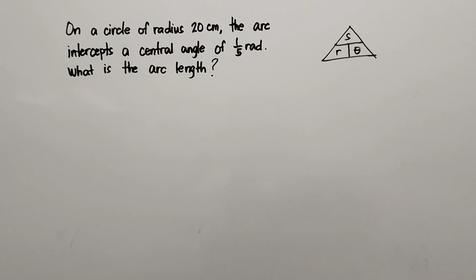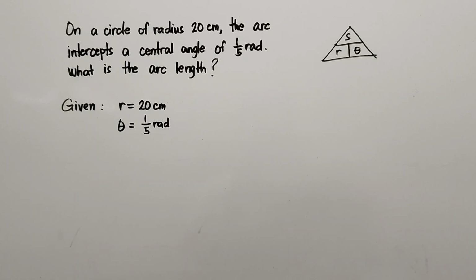For our first problem, on a circle of radius 20 cm, the arc intercepts a central angle of 1/5 radian. What is the arc length? First, we will identify the given. The given are radius equals 20 cm and the theta, which is already in radian measure, is 1/5.